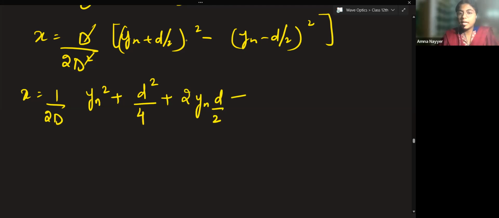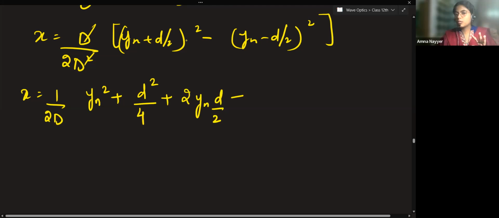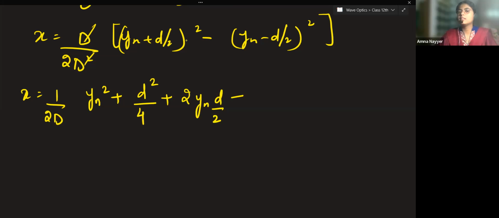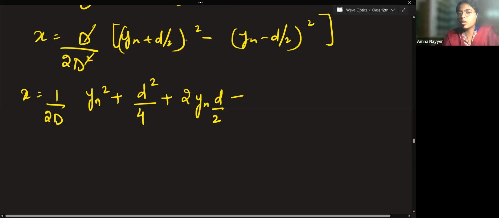Now minus (a minus b) whole square: a square becomes minus a square because of the negative sign, plus b square becomes minus b square, and minus 2ab, minus into minus, becomes plus 2ab, that is plus 2yn D by 2.